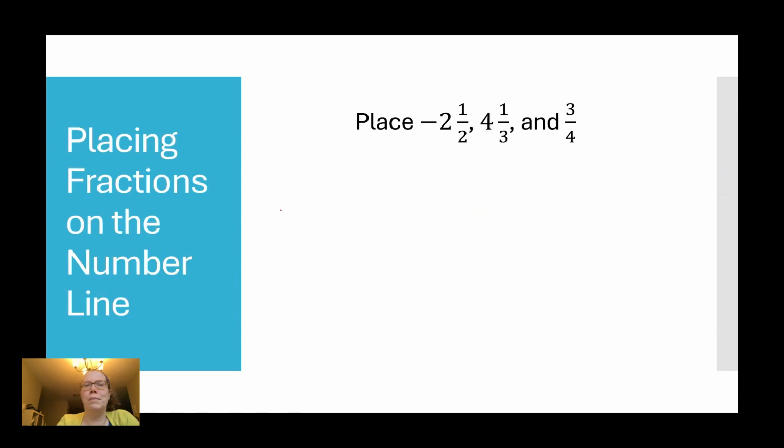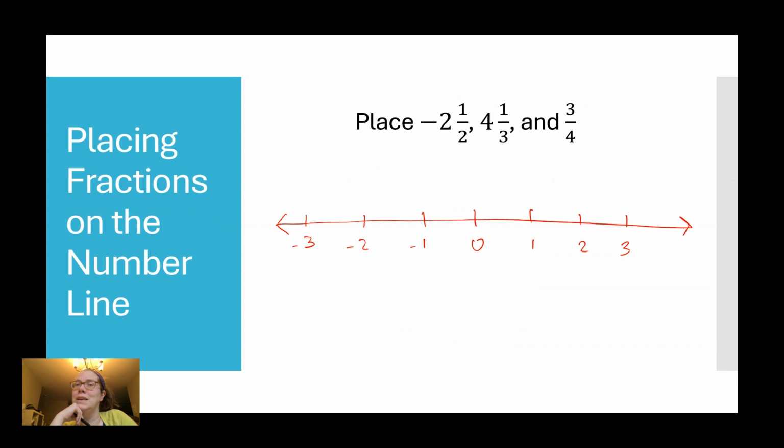When you're trying to put numbers on the number line, the first and most important thing is to consider your negatives and your positives, and then what are the whole numbers that it's in between. So -2 and 1/2, we're going to go to -2, and then we have an additional half, still bringing us farther from 0.